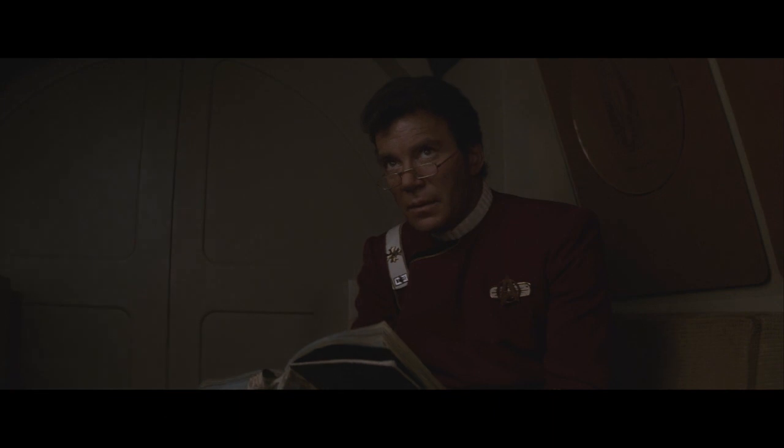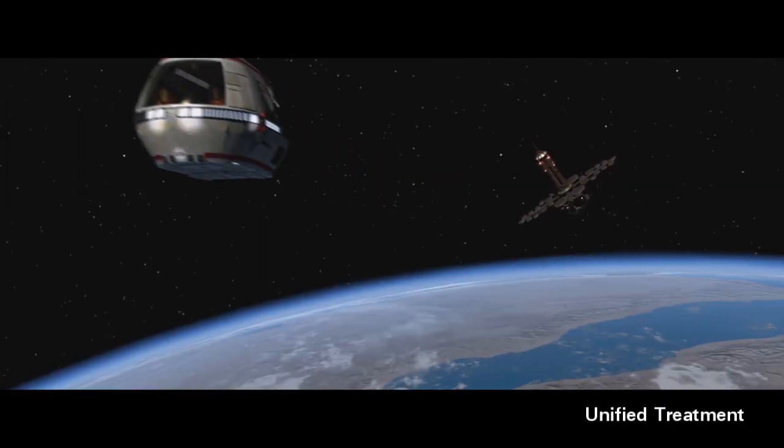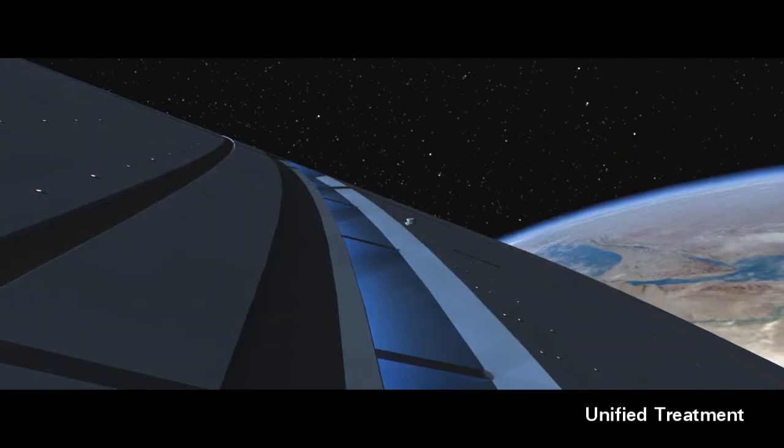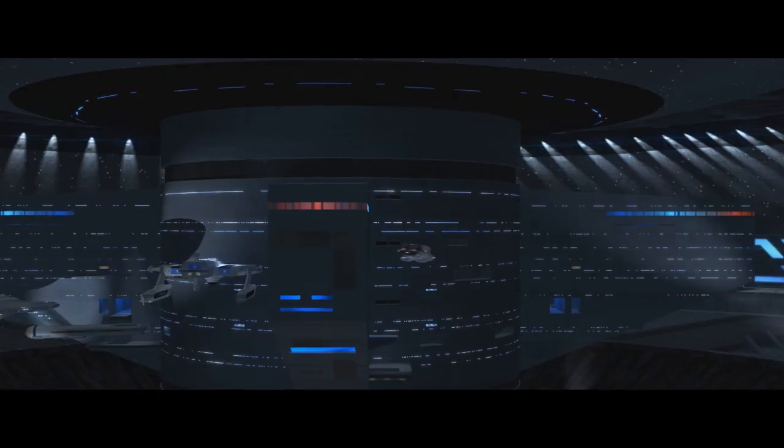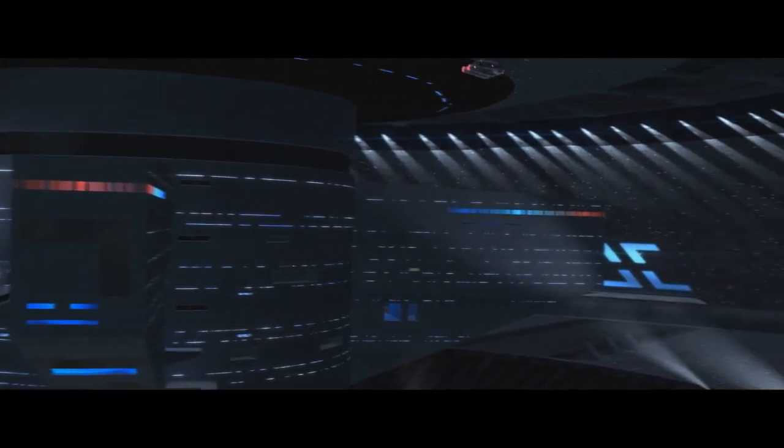Enterprise to Admiral Kirk's shuttle. You're cleared for docking. Approach port side torpedo bay. Enterprise, this is Admiral Kirk's party on final approach. Enterprise welcomes you. Prepare for docking.